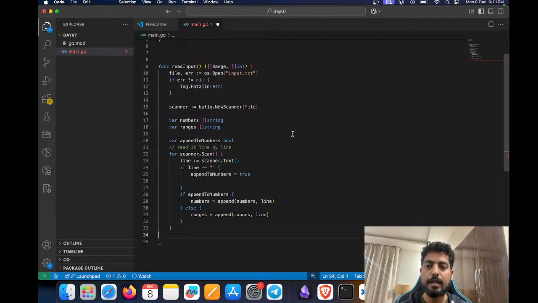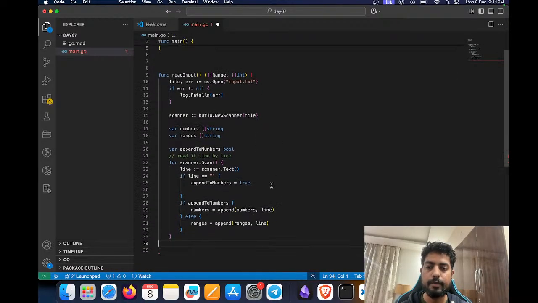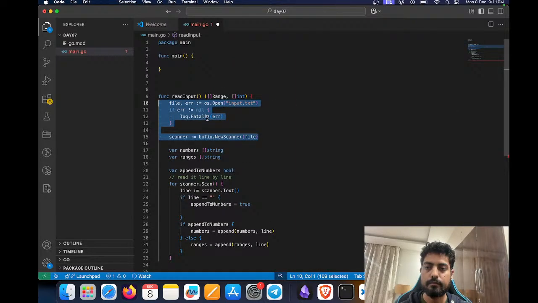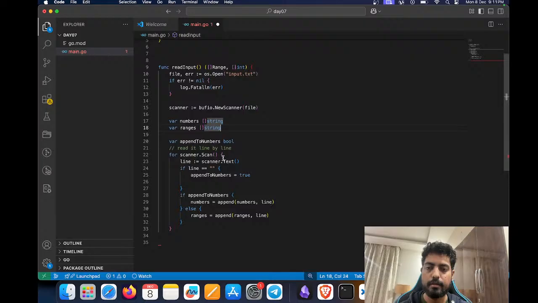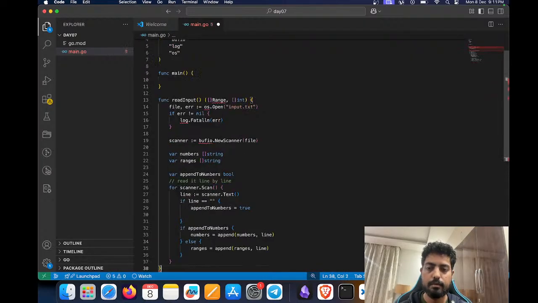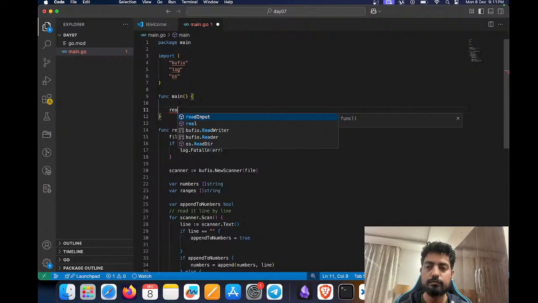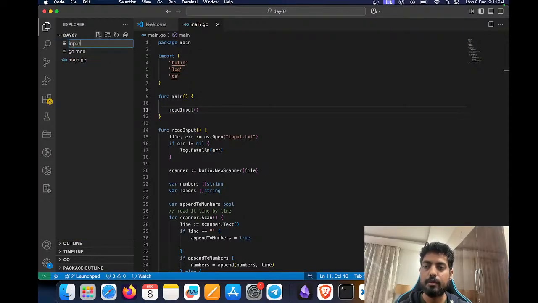I'm initializing the package here, and this is our read input function. What I want from this function is only this part, which is okay. Read input, and I'll just skip this for now. Okay, we'll call read input first. We'll also create input.txt file, which stores our input.